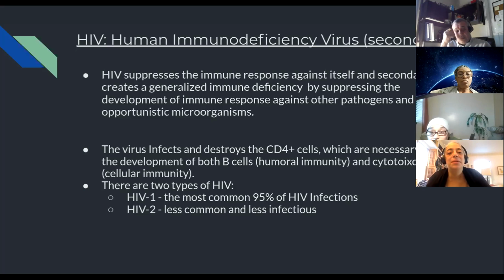There are two types of strains. HIV-1 is most common, and there's HIV-2, which is transmitted in the same way, but it's less infectious. It progresses a lot more slowly than HIV-1, and it's typically found in West Africa.